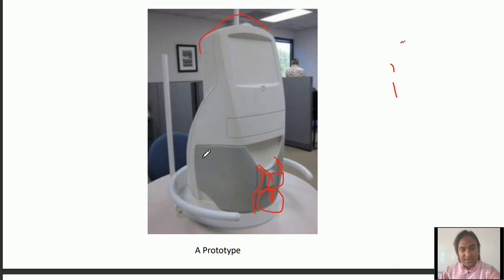You can also add a groove here for handling purposes. So all these experiments you can do with the prototype.